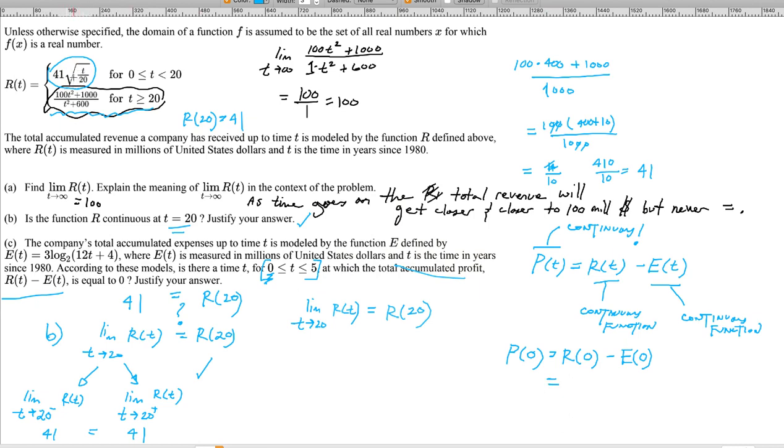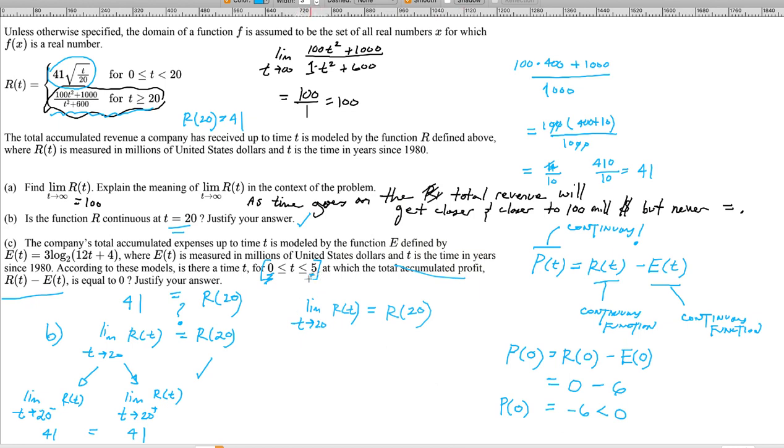The square root of 0 is 0. 0 times 41 is 0. Minus e of 0. E of 0 is going to give me 0 plus 4 inside here. So I get log base 2 of 4, which is 2. Times 3, 6. So I'm going to get that p of 0 equals negative 6, which is less than 0.